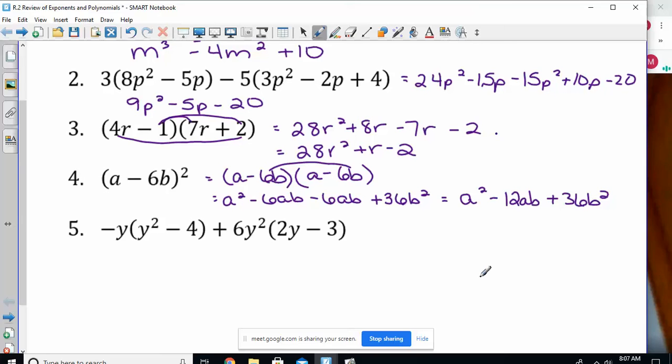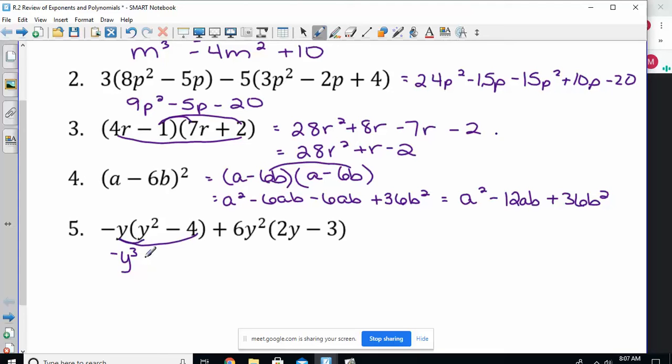And number 5. What's the first step here? Distribute. So if I take my negative y through, that's negative y to the third.